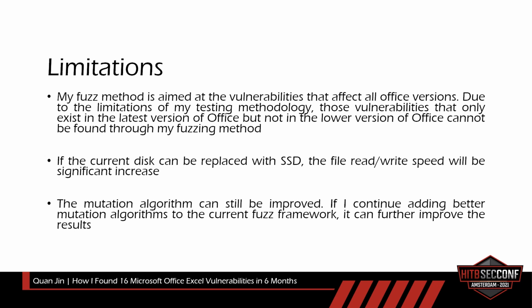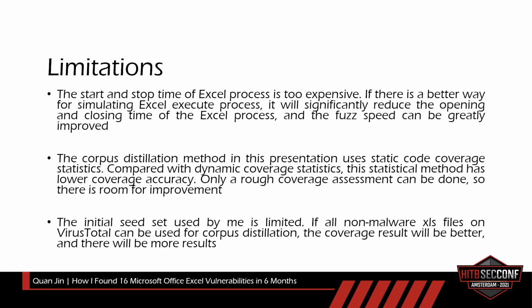If I continue adding better mutation algorithms to the current fuzz framework, it can further improve the results. The start and stop time of the Excel process is too expensive. If there is a better way of simulating the Excel execution process, it will significantly reduce the opening and closing time of the Excel process, and the fuzz speed can be greatly improved.